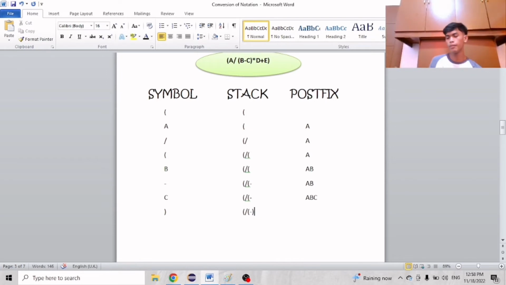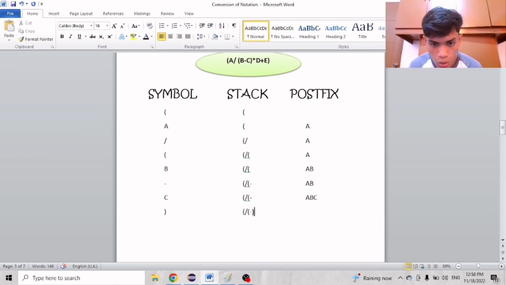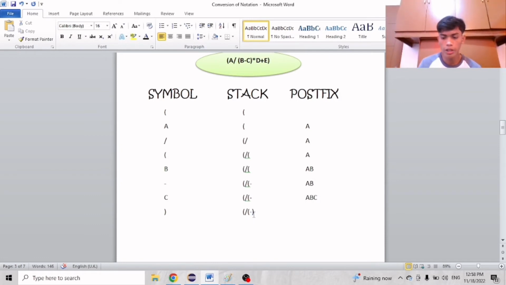We saw in rule number 2 and rule number 4, the last part, if an operator enters the stack and it needs to be popped, it means those three disappear. And we're going to put the pop sign here, which is the minus, because it is in between.